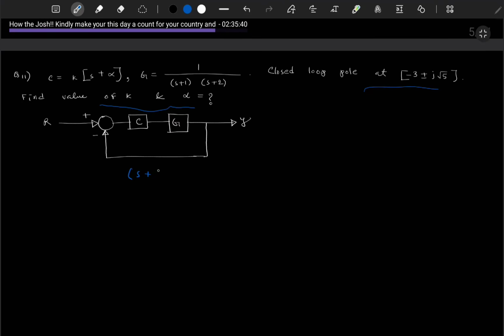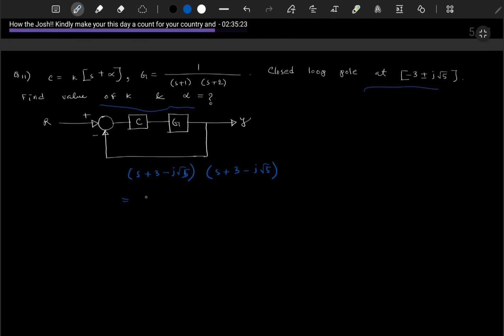So like that we can write s plus 3 minus j root 5 into s plus 3 plus j root 5.